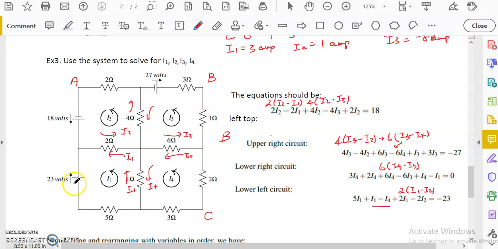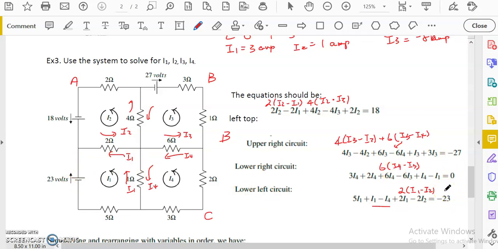The current should flow counterclockwise, but because the battery is connected this way, flowing from the short to the long line, it should be negative 23.